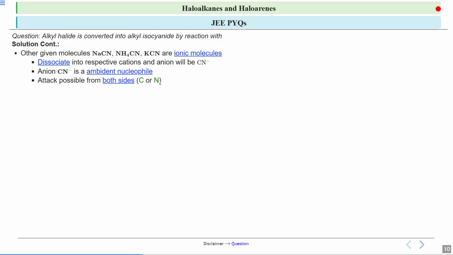If it attacks from the carbon, the carbon-carbon bond formed between the alkyl and the carbon of the cyanide group is stronger than the carbon-nitrogen bond formed if the attack happens from the nitrogen. Because the carbon-carbon bond is stronger, the attack will happen from the carbon atom of the cyanide group.